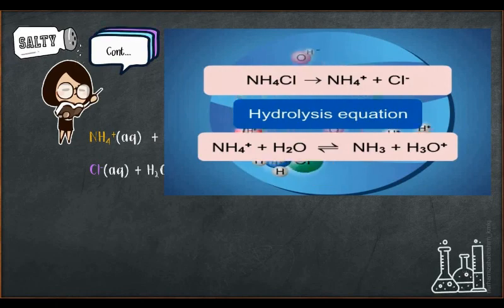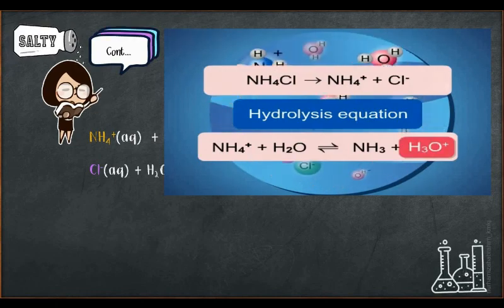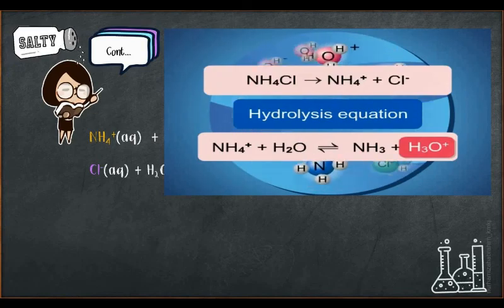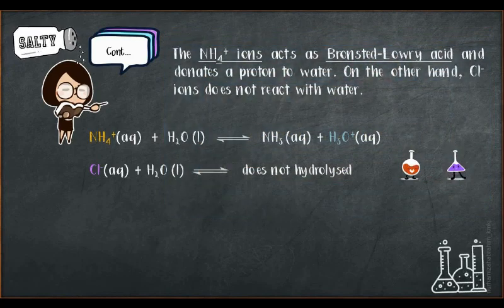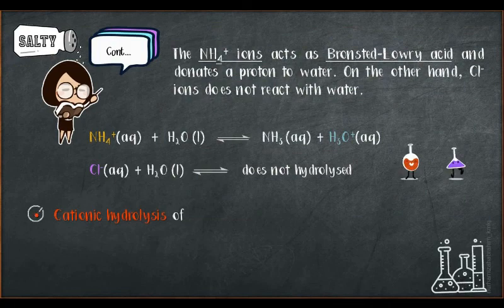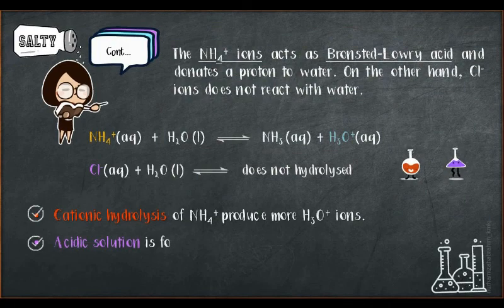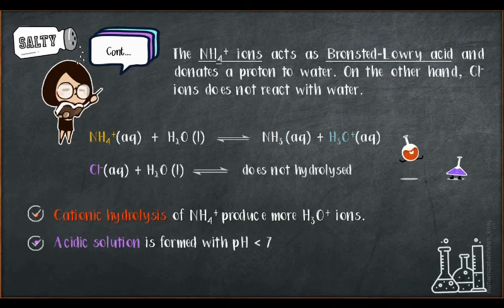Thus, the concentration of hydronium cations, H3O+, increases, which makes the solution acidic. As shown in the video, cationic hydrolysis of ammonium ion produces more hydronium ion, which results in formation of an acidic solution with pH less than 7.